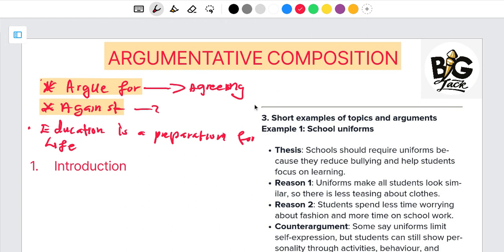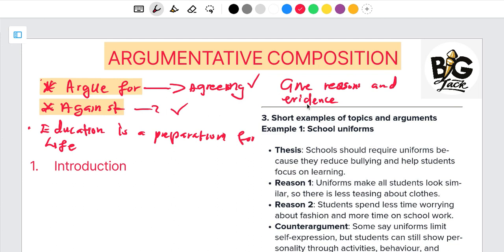Now, this is very important, because once you choose one stance, whichever side you are going to argue for or be against, you need to give reasons as well as evidence to support your position.